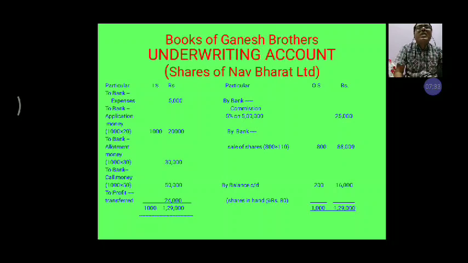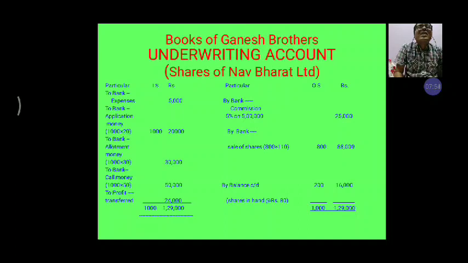Then due the allotment money to bank. Allotment money is 1,000 into 30. 30 is the allotment money. So 1,000 into 30, 30,000, in the amount column. Then to bank call money. Call money 1,000 into 50. 50 is the call money. 1,000 into 50, 50,000.